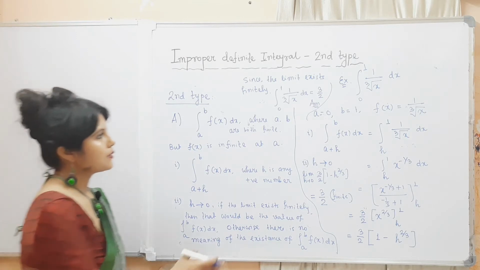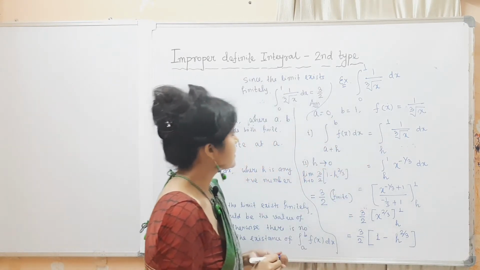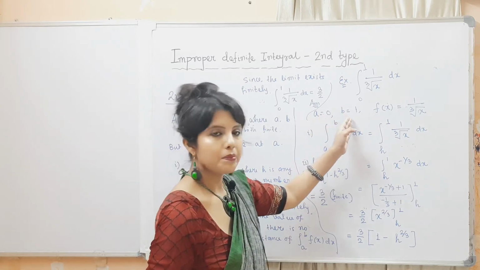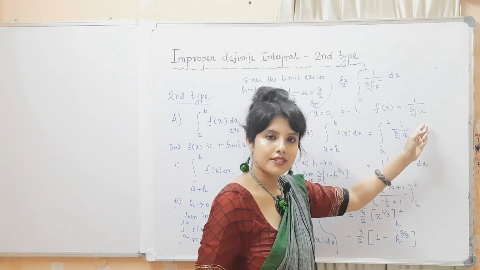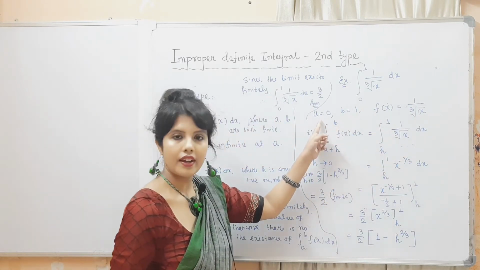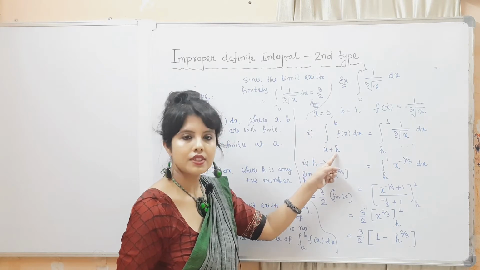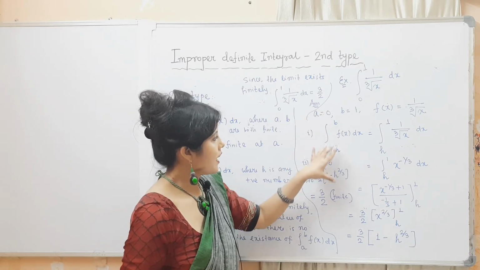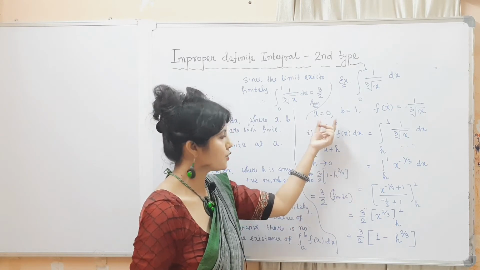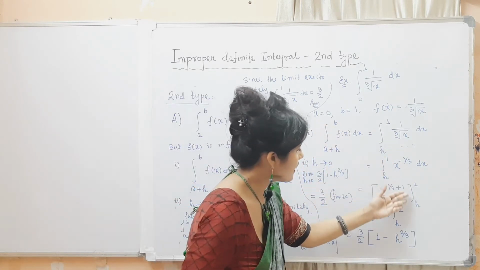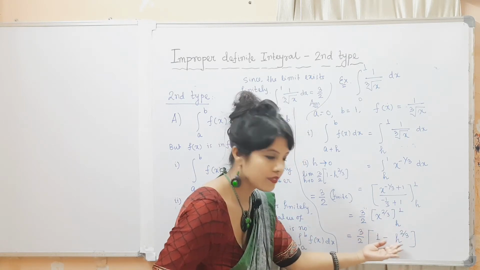So I think you have understood this problem: a is equal to 0, b is equal to 1, and f of x equals 1 by cube root of x. Clearly f of x is infinite at the point a equal to 0. Then I introduced some h and did the integration within the limit a plus h to b, so the value of the integration is a function of h.